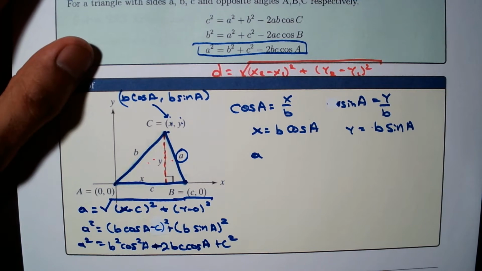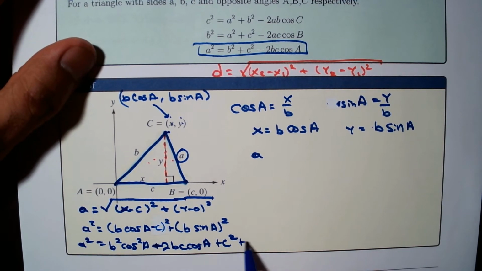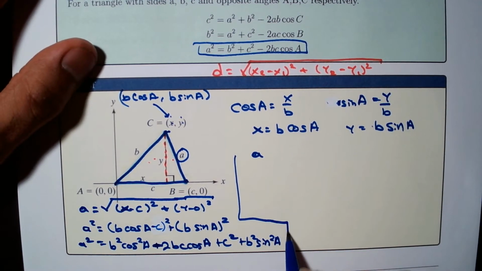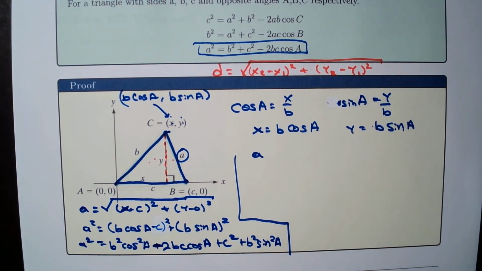And then over here, plus b squared sine squared A. Let me keep going over here on that side.